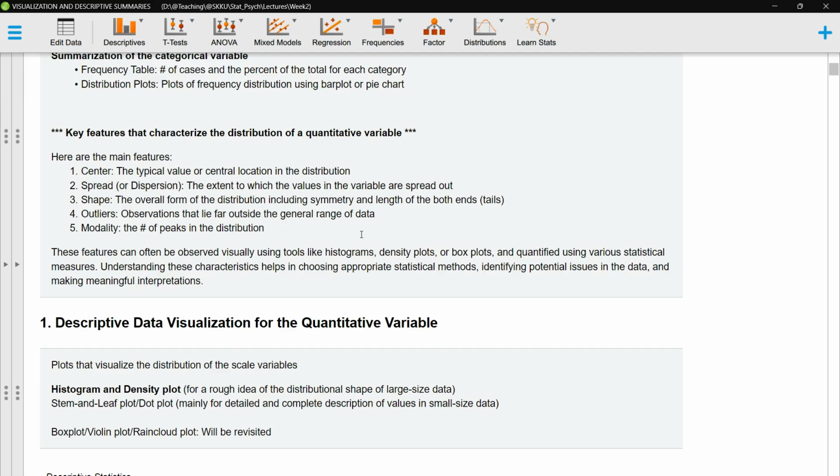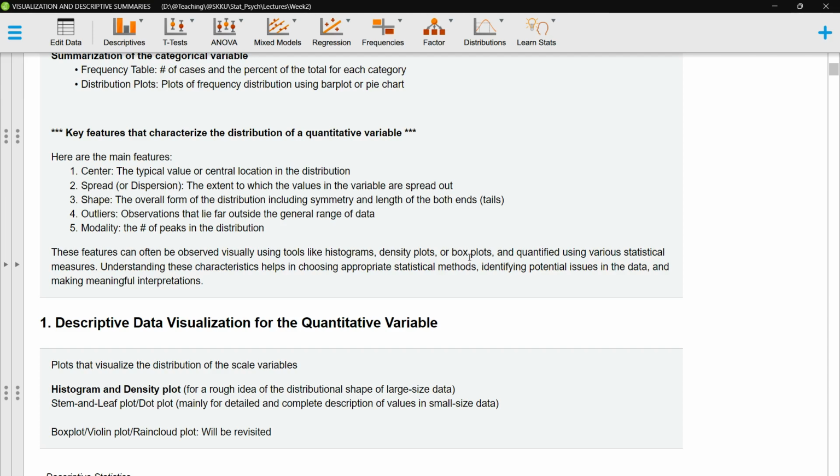And the starting point is the visual investigation. These features can often be observed visually using histograms, density plots or box plots, and there are many other plots to visualize the characteristics of these features.